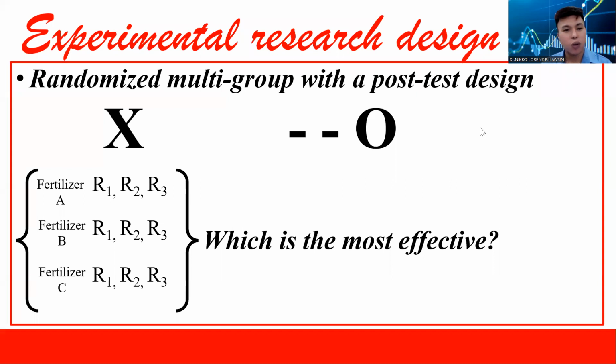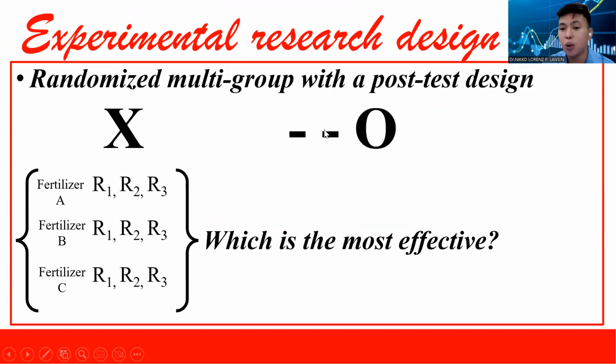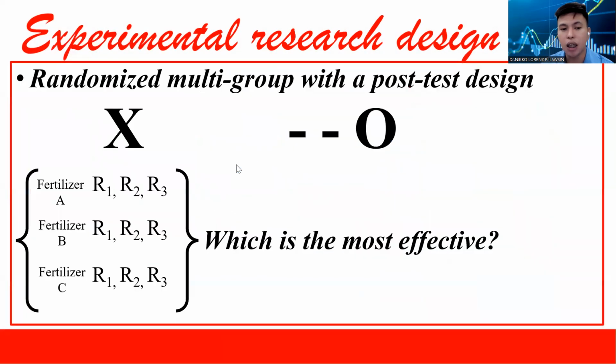to continue, the next research design is the randomized multi-group pretest and post-test research design. The difference from the previous research design is that in this research design, there is no given pretest. However, there are three simultaneous groups, three replicates that have different sets of data. If you're going to examine different designs, there are several statistical tools that can be utilized in each research design.